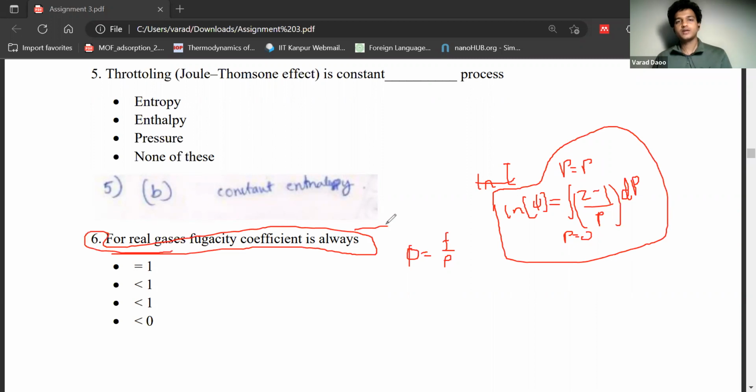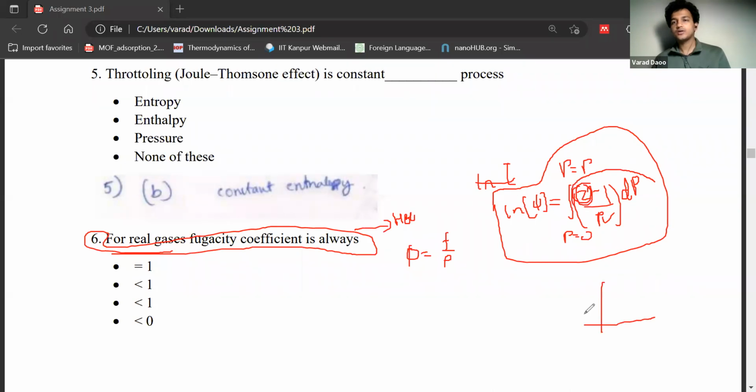I am giving this question as homework because it's a very conceptual question. Basically, it will depend on z, and because pressure is going to be positive, z, right? And remember, this is the area under the curve.